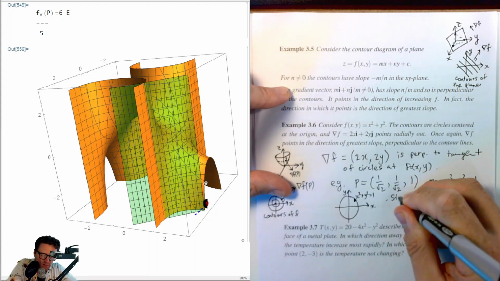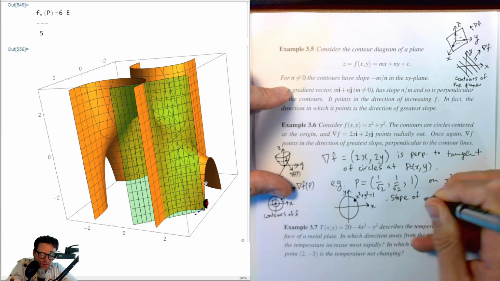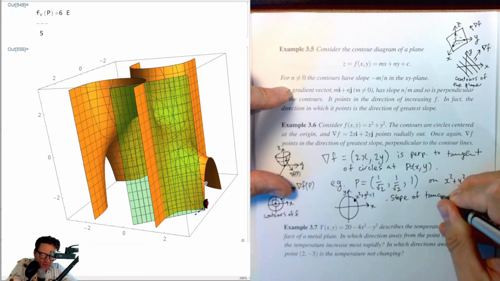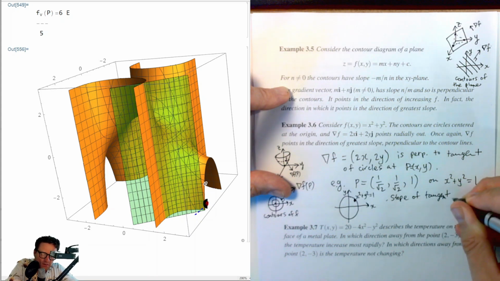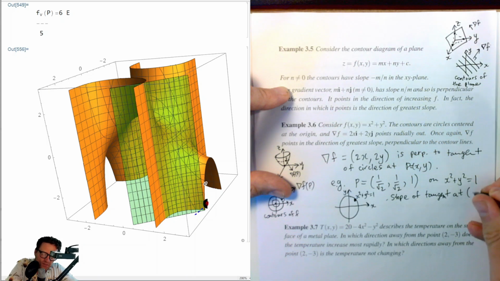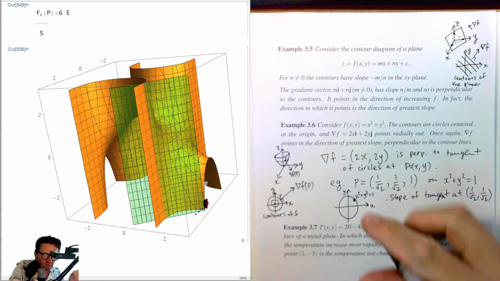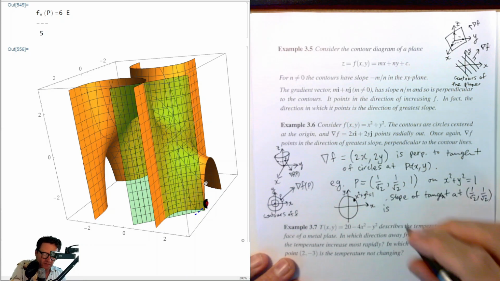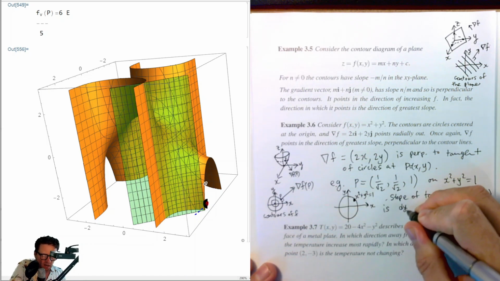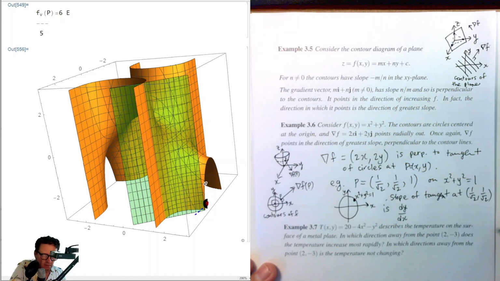Okay, so slope of tangent at 1 on root 2 comma 1 on root 2, right? So this is the two-dimensional version of this point, is given by taking dy on dx of this curve right here.